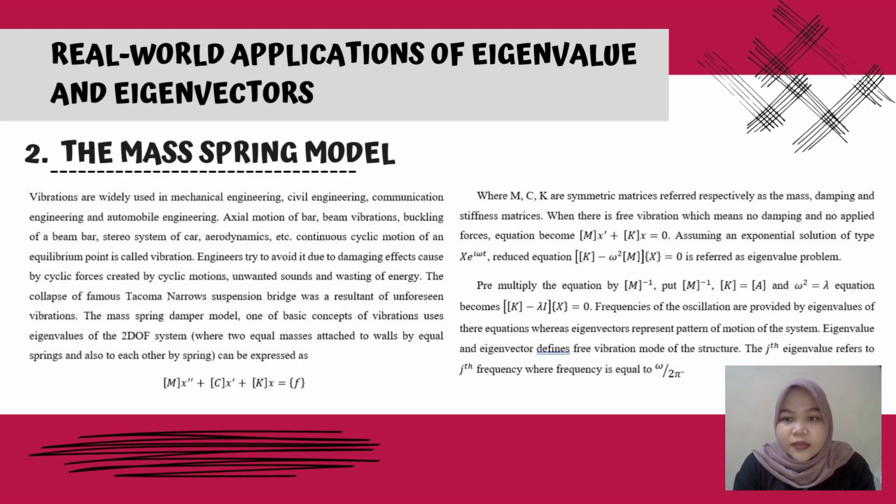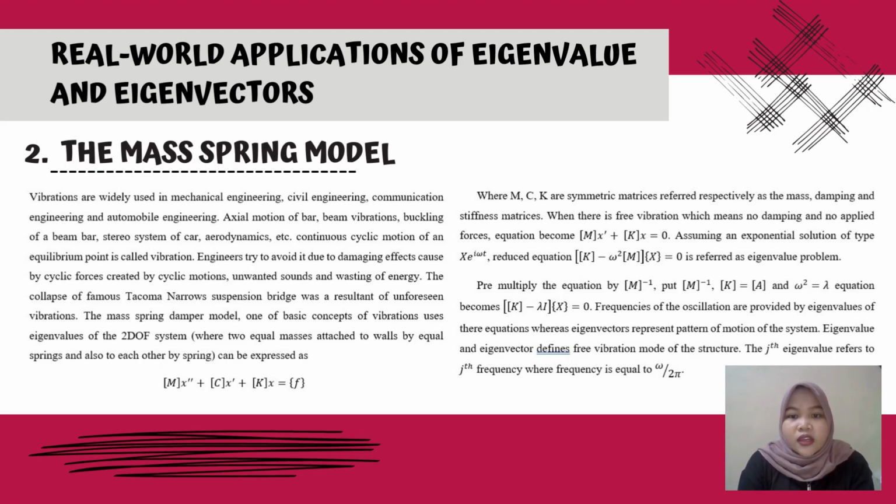Here M, C, and K are referred to respectively as the mass, damping, and stiffness matrices. When there is free vibration, which means no damping and no applied forces, the equation becomes like this equation.